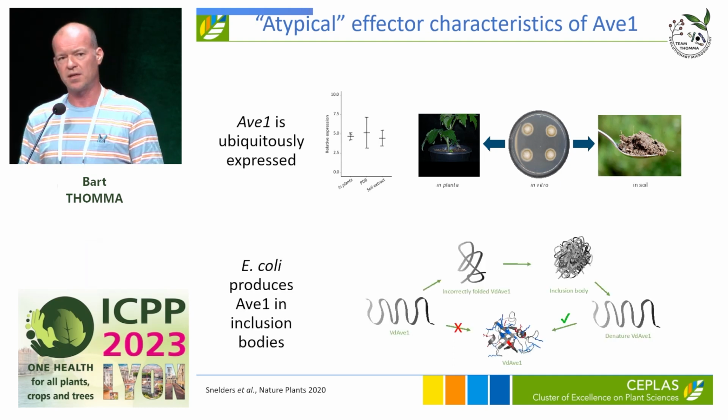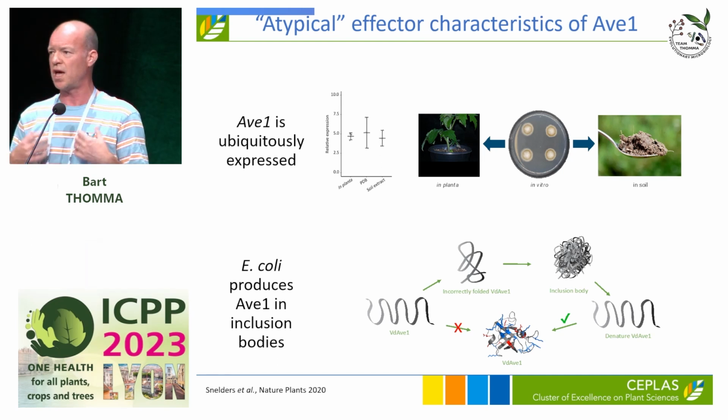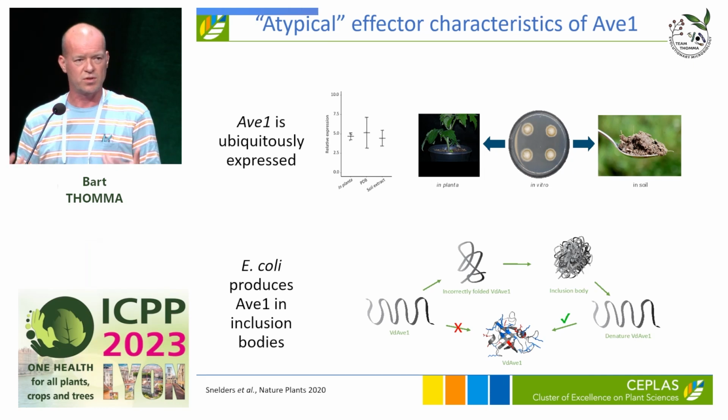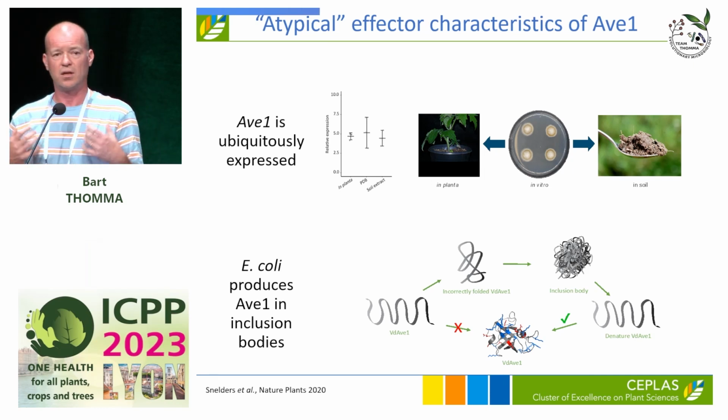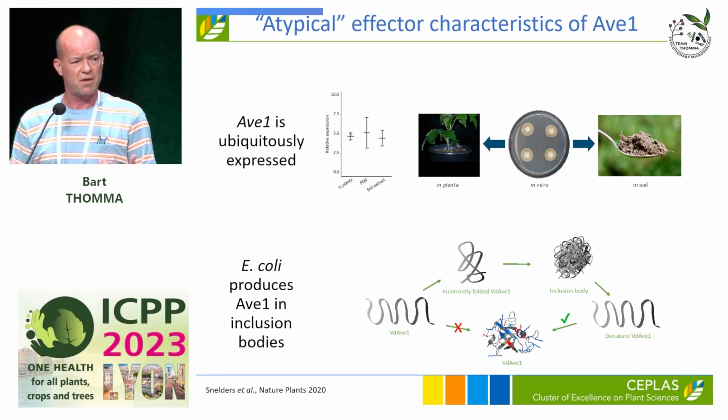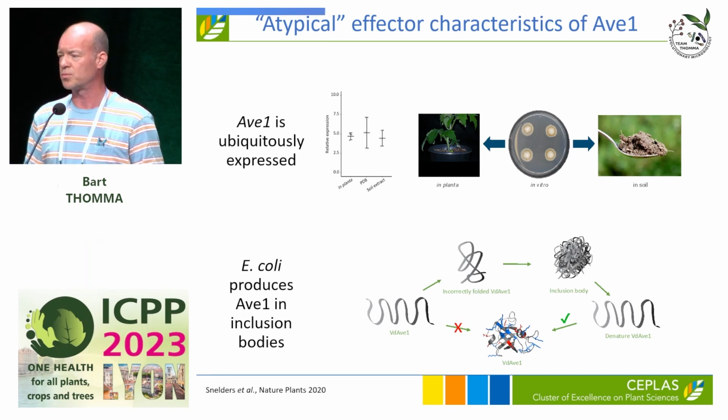The second hint came from the fact that we tried to produce Av1 in heterologous microbial systems in order to get protein for biochemical assays. There we were very unsuccessful, because whatever we tried, we never got soluble protein.